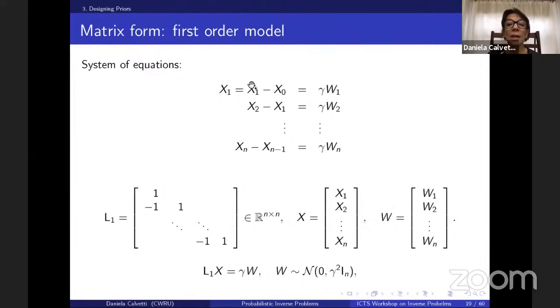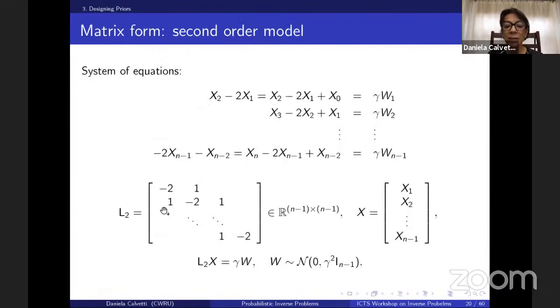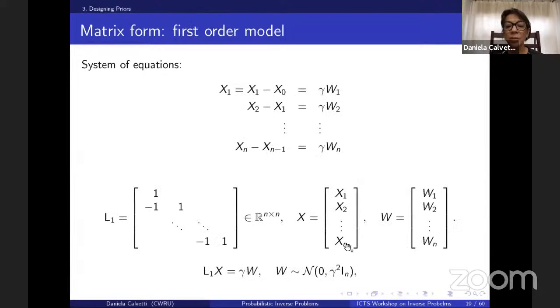So I collect all of the unknowns to be estimated in the vector x. This is a vector of random variables here.